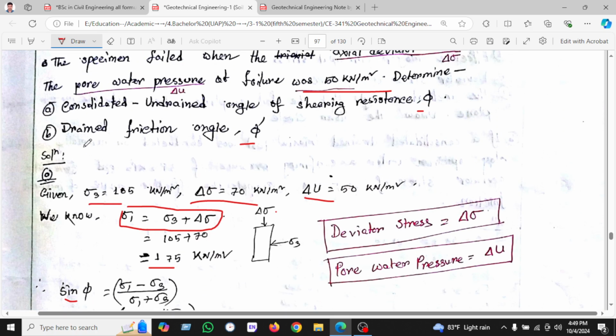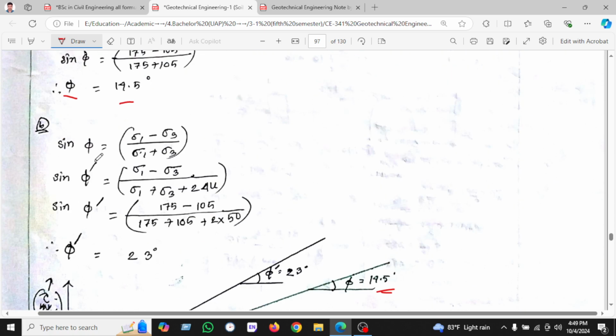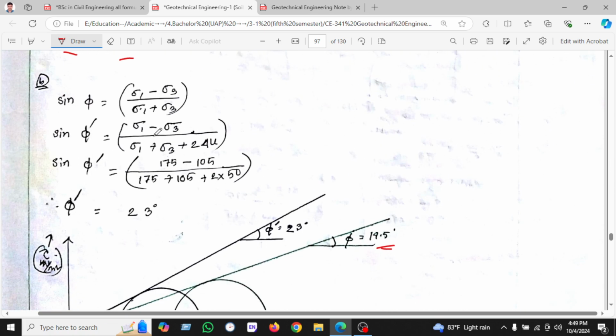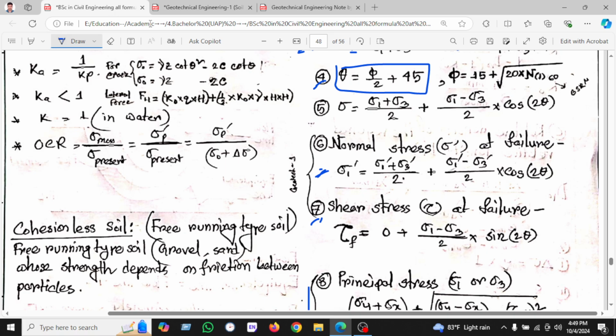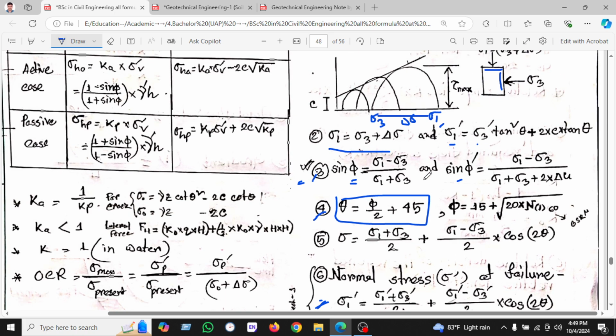But there are two angles we have to find. The consolidated undrained shear angle, which has no prime. On the other hand, we have the drained angle, which is phi prime. So phi prime will be from sigma 1 prime minus sigma 3 prime. This is the formula of 3B, which is used for drained.